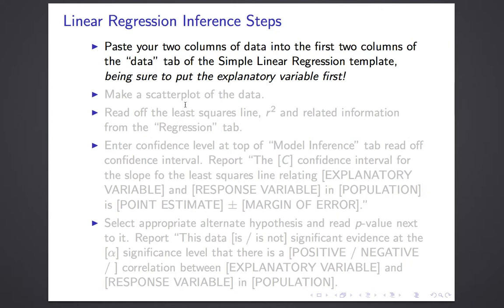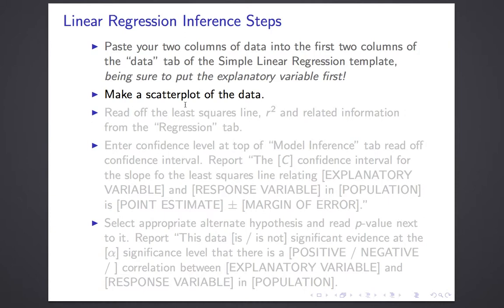That's what you'll be pasting into the Data tab. And you'll remember that when we made scatter plots, we always had to put the explanatory variable first. That will continue to be important here. As you paste, you should pause for a second and make sure you have pasted the explanatory variable first, or all sorts of things will be incorrect.